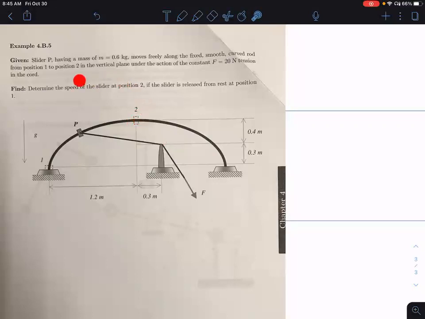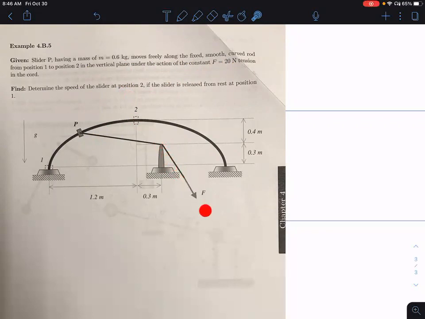And we know this particle has a constant force, F equals 20 Newton, the tension force in the cord. You can think of this as a pulley, so it changes the direction.